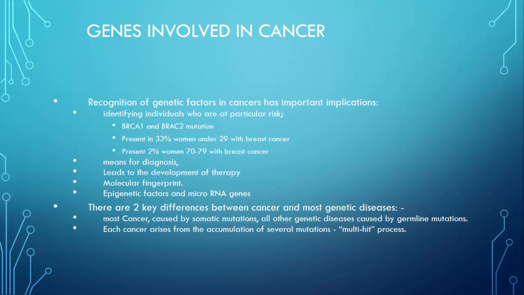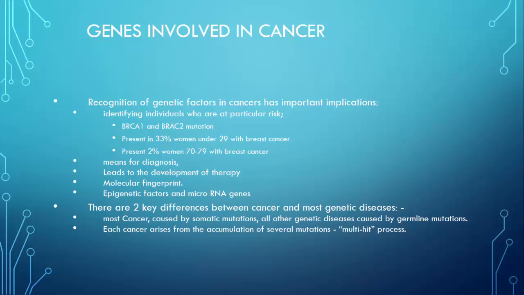So as I said, cancer is essentially a genetic disease, so there are a lot of genes involved in cancer, and it's important to recognize genetic factors in cancer because, if it's at the germline level, we can identify individuals who are at a particular risk. For example, BRCA mutations, which are present in about a third of women under 29 with breast cancer, and only 2% of women over 70 with breast cancer. So again, this illustrates that if you inherit a germline mutation, you're much more likely to present with cancer at a younger age.